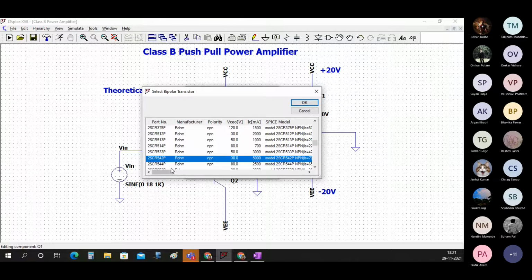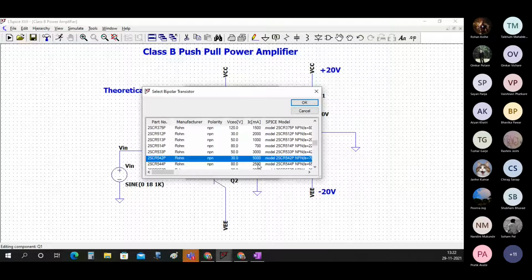Why I am selecting this transistor is because you can see that the VCEO is 30 and mainly the IC is 5000 milliamperes, which means 5 amperes. So it can sustain a very large current, and that is why I am choosing this. You can see the upper and the lower ones also, 533P and 544P. They are 3 amperes and 2.5 amperes.